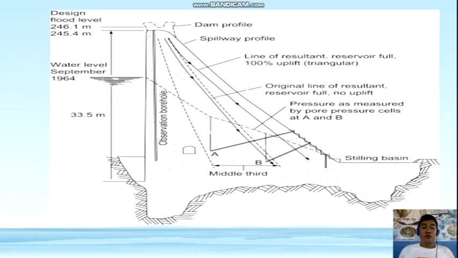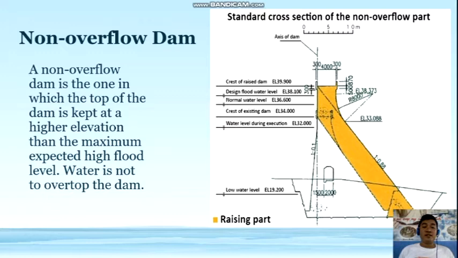So this picture is also an example of a NOF or non-overflow dam. So next is the non-overflow dam. A non-overflow dam is the one in which the top of the dam is kept at higher elevation than the maximum expected high flood level. Water is not to overtop the dam. So the picture on the screen is an example of a standard cross-section of a non-overflow dam.